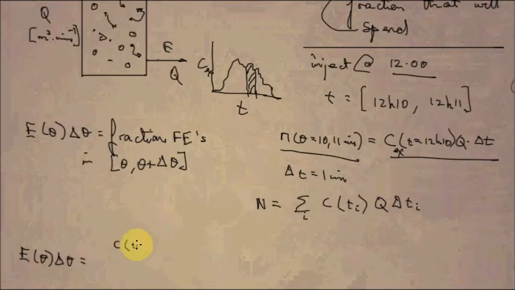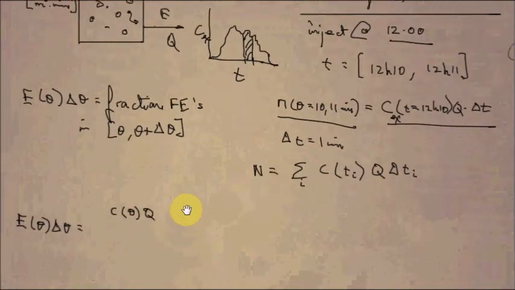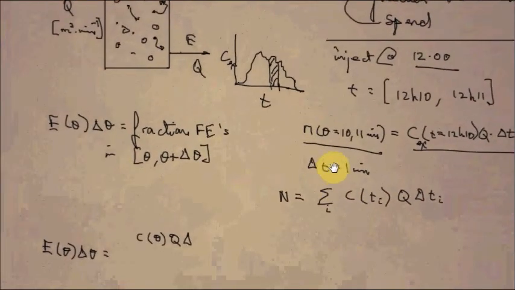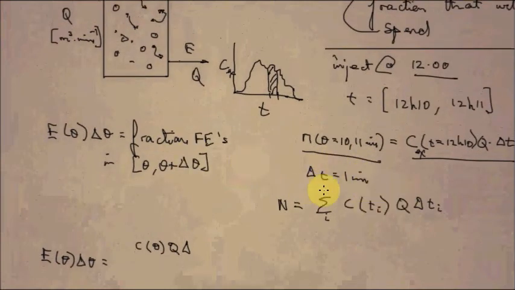So this is concentration for age theta, and then we have to multiply by the volumetric flow rate and multiply by the time interval delta T, and in this case delta T we are taking to be the same as delta theta. Remember, everything is getting older at the rate of 1 second per second. We are aging at the same rate at which time is passing.